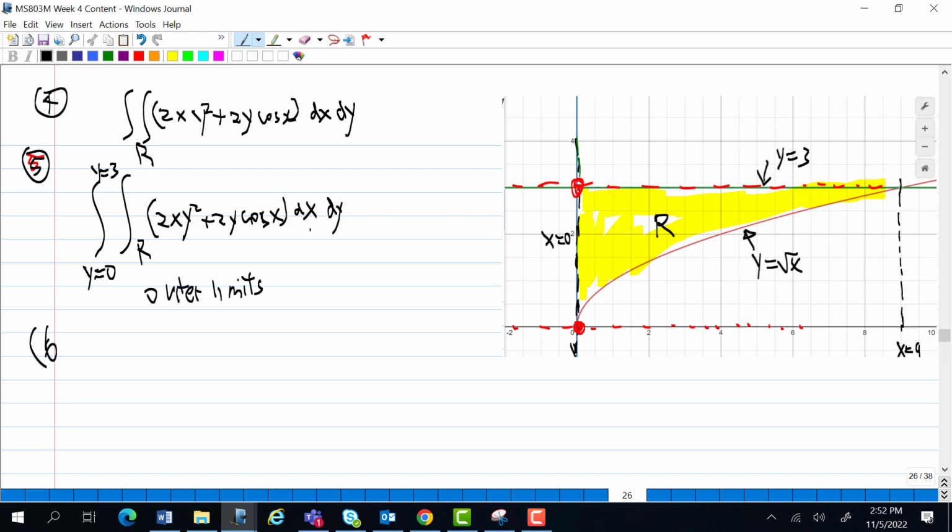Then you look at the inner limit. So the inner limit, in this case I'm looking for x now. So let's look at what is the possible value of x from this question.